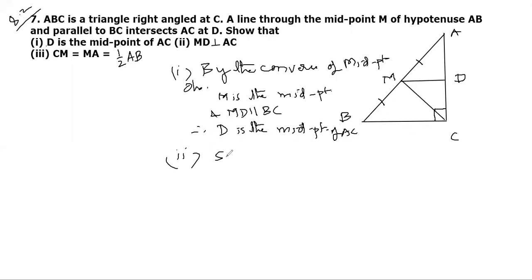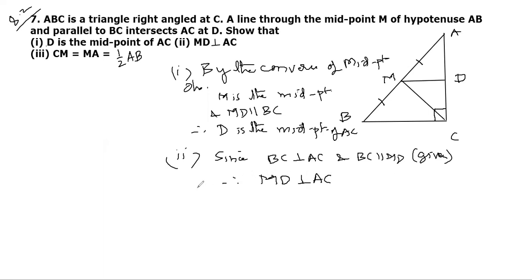We have seen that BC is perpendicular to AC because this is 90 degrees, and BC is parallel to MD, as given. So when two lines are parallel and one is perpendicular to a third line, the other will also be perpendicular. So it shows that MD is perpendicular to AC.